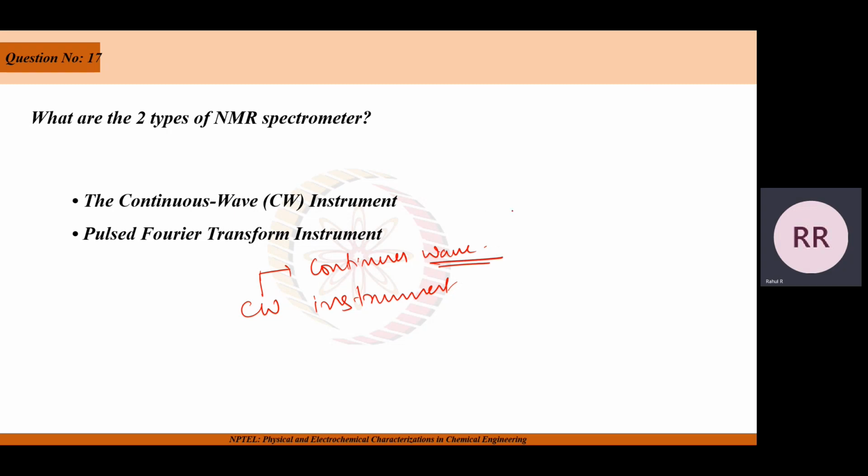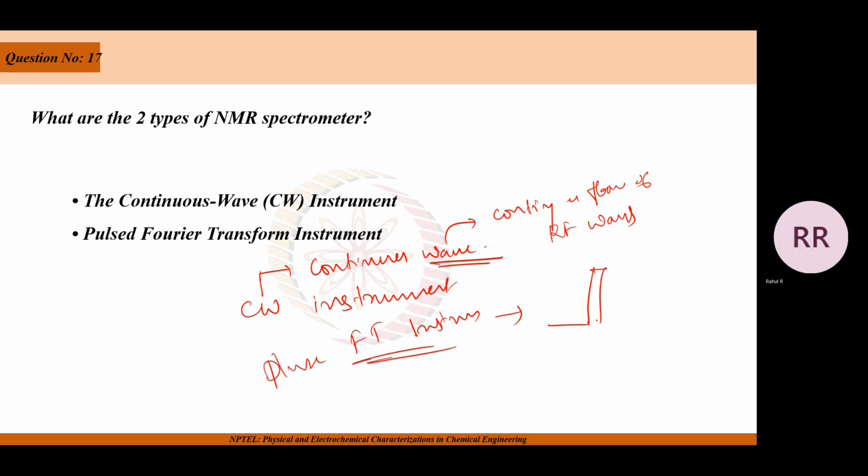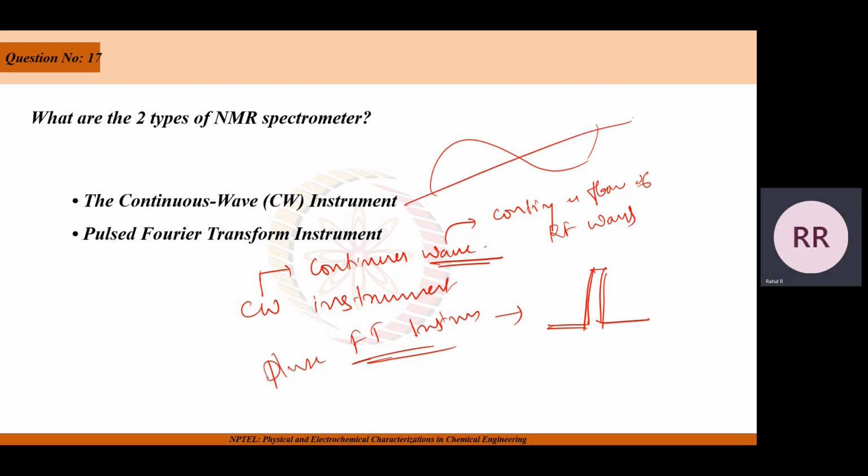As the name suggests, there is a continuous flow of RF waves to the system, whereas in the pulsed Fourier transform instrument, the electromagnetic wave is provided in a pulsed format instead of a complete wave, and it is focused on just a very small range of wavelength.